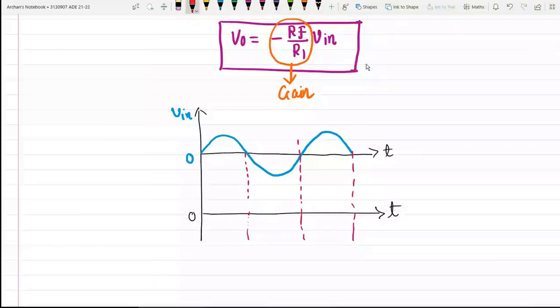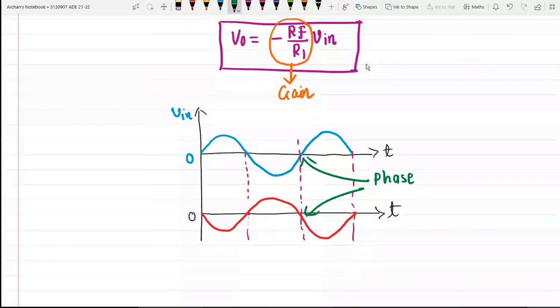So the output voltage waveform we will be getting like this. Here you can see there is a phase shift of 180 degrees.